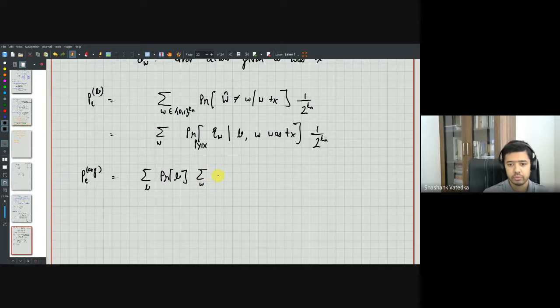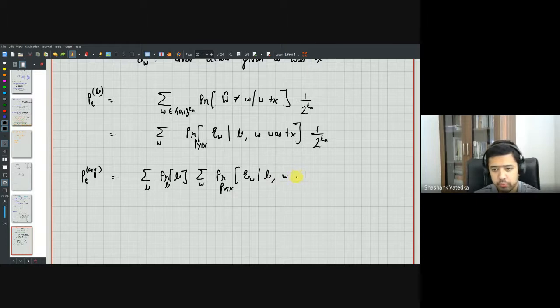Here the probability is over the codebook generation process, whereas this probability is with respect to the channel, the randomness introduced by the channel. And this is the probability that the message w is in error given a particular codebook and that w was transmitted, times 1 over 2 to the kn.